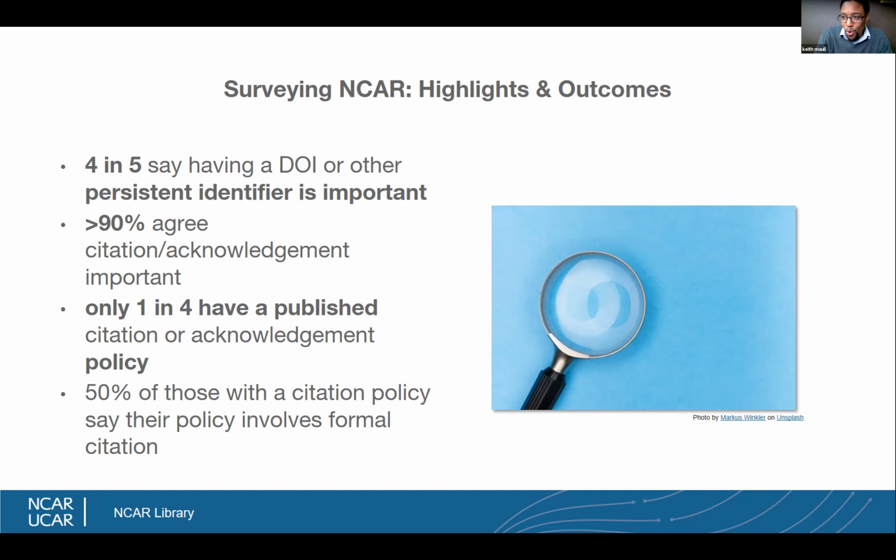Interestingly, though, only 1 in 4 say they had a published citation policy or acknowledgement policy. And then, only half of those with those policies said that they had a formal citation. So even though folks thought having a published acknowledgement policy was important, they actually weren't making it formal. They weren't putting it out and up front in front of the users to let them know.